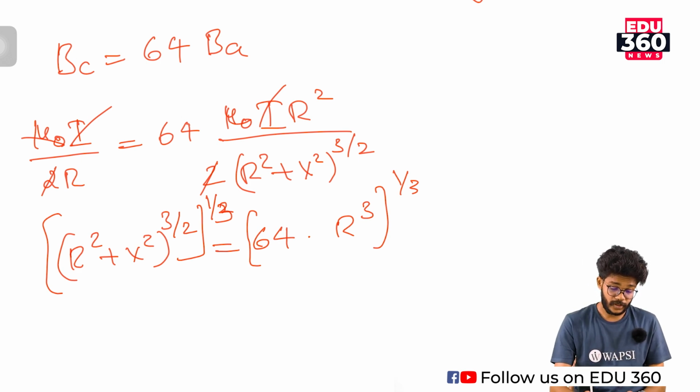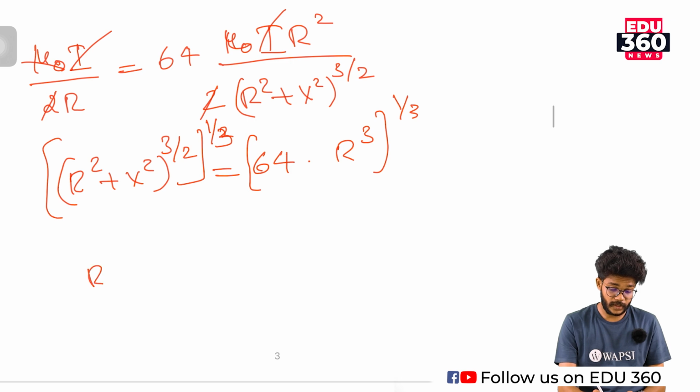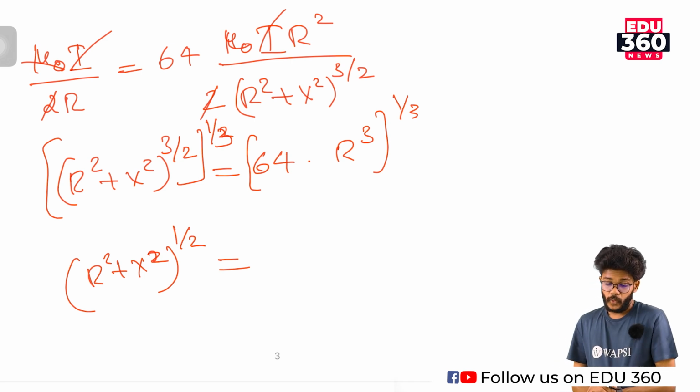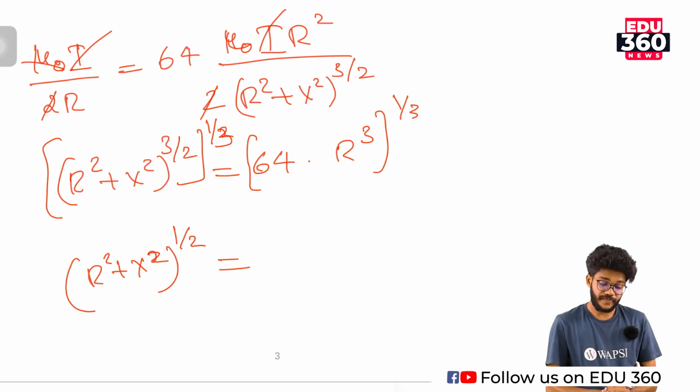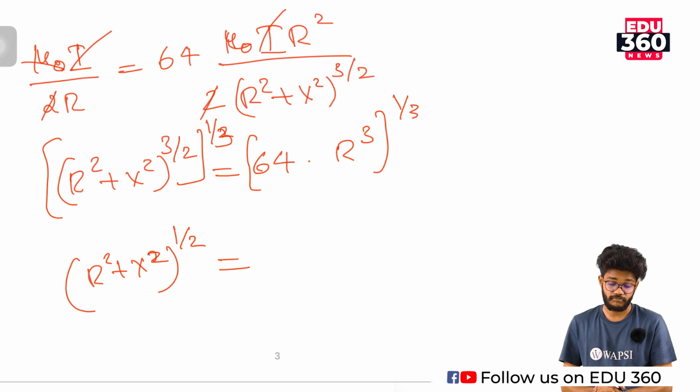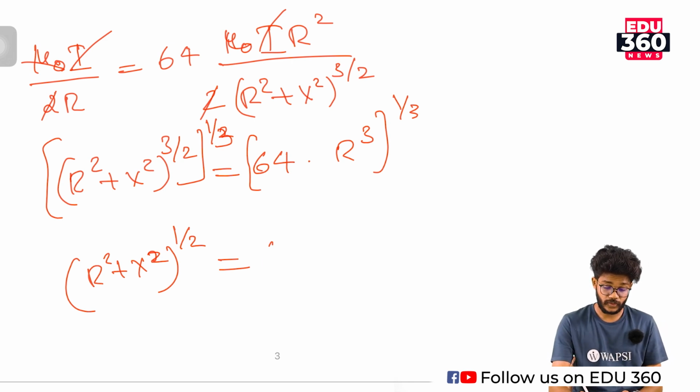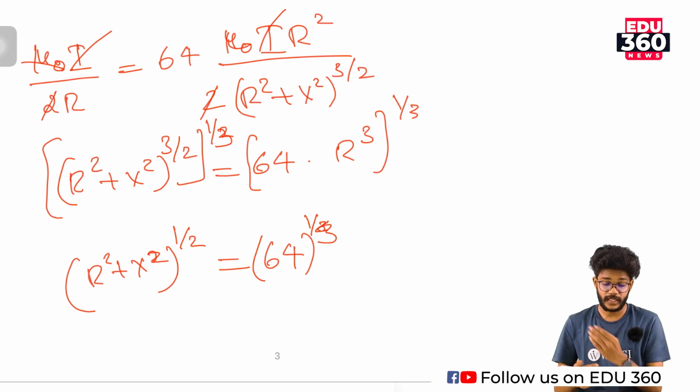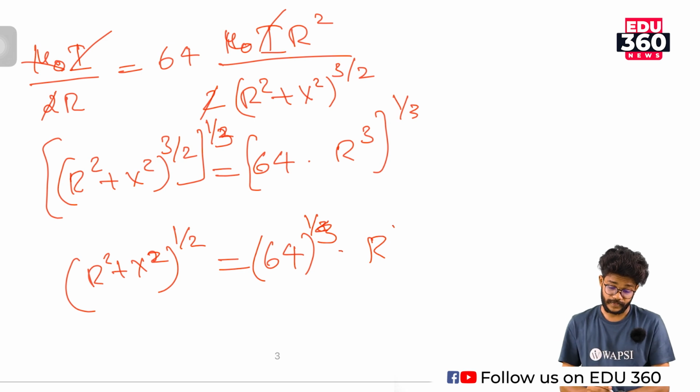On the left side we get (r² + x²)^(1/2), which is equal to 64^(1/3) times r.